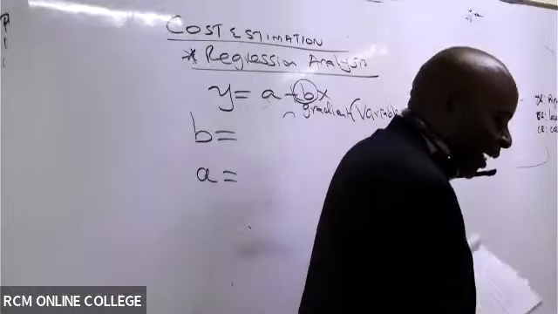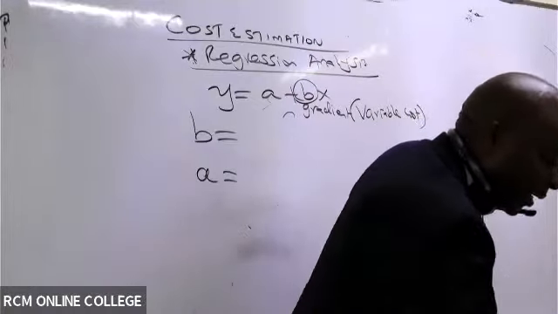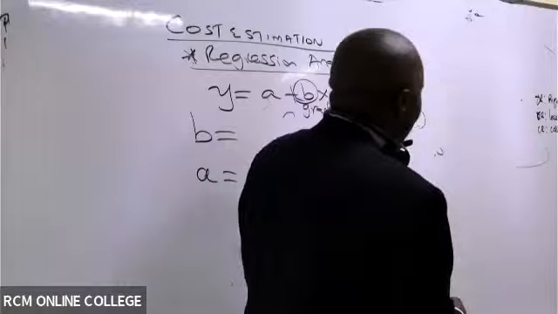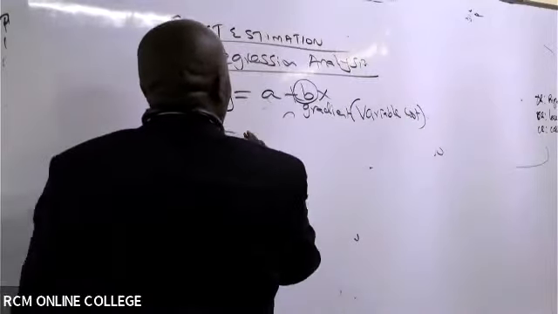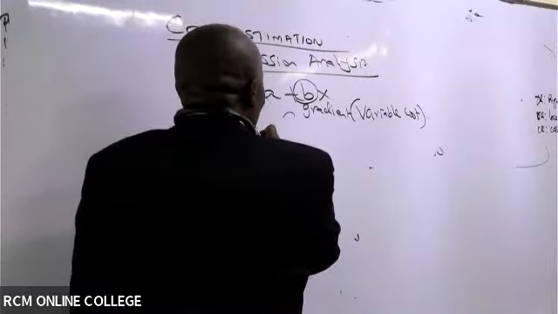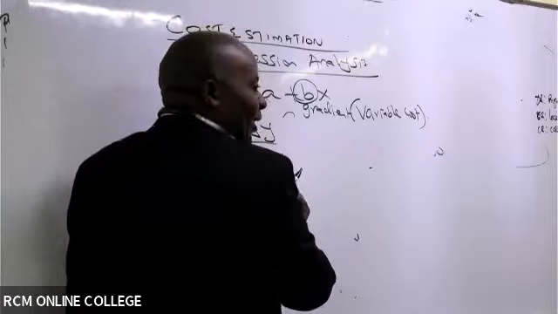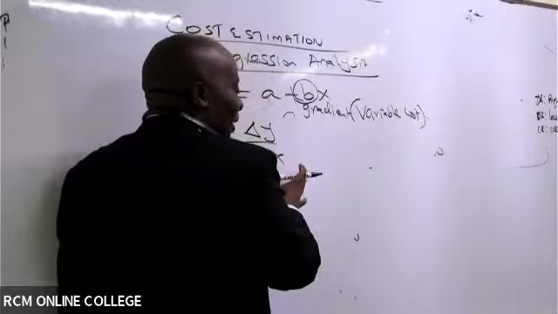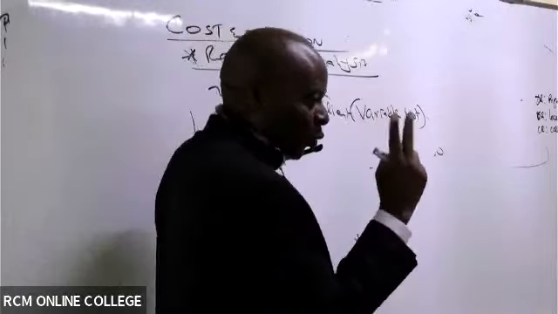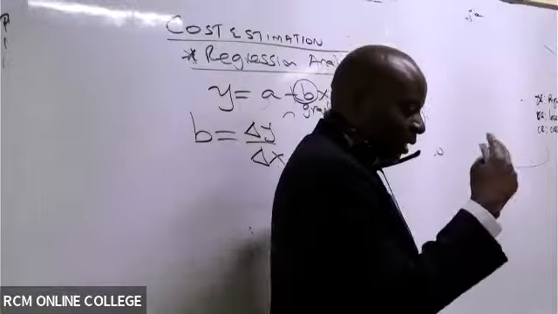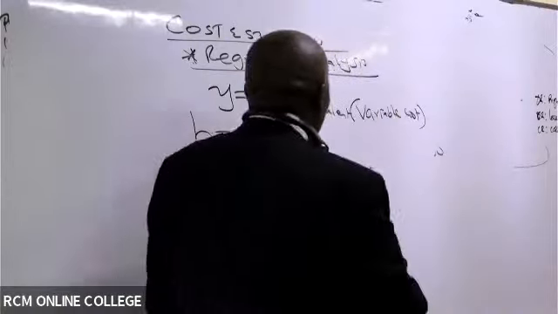So can I remind you guys how we normally get this B? It's very easy. We have that high school method where we used to say that gradient is change in Y over change in what here? This was a very simplistic model because in high school, we only used to deal with 2 data points. Change in Y over change in X. That cannot apply here.